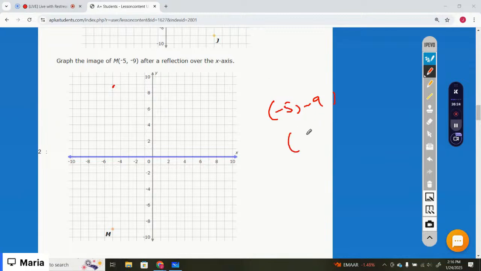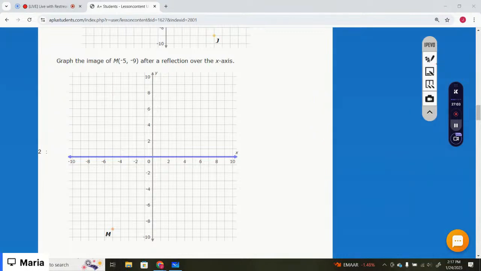The coordinates of the new point are -5 and 9.